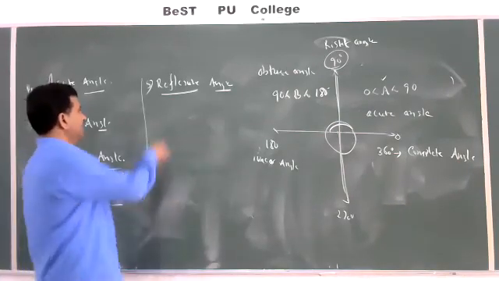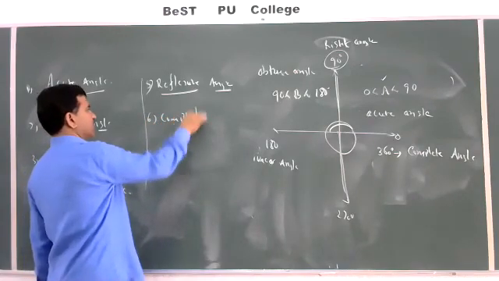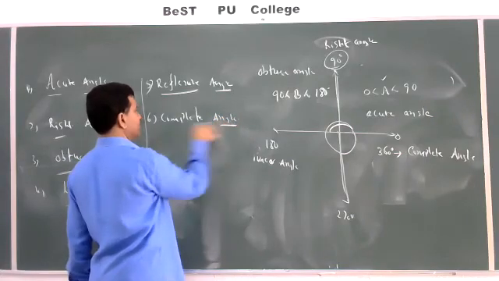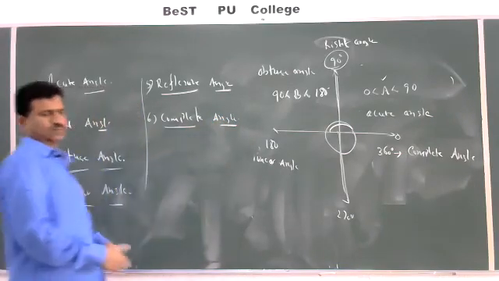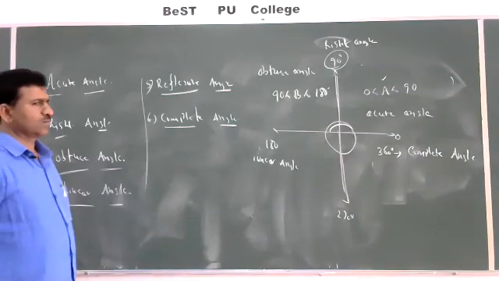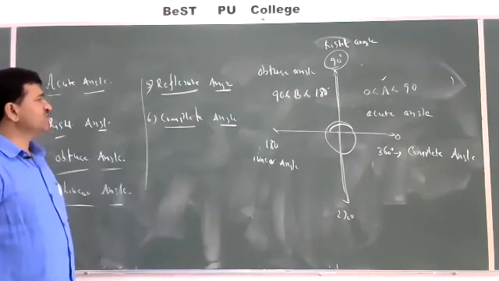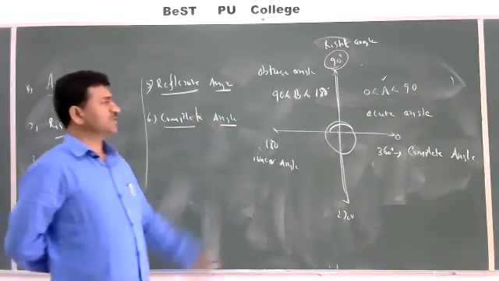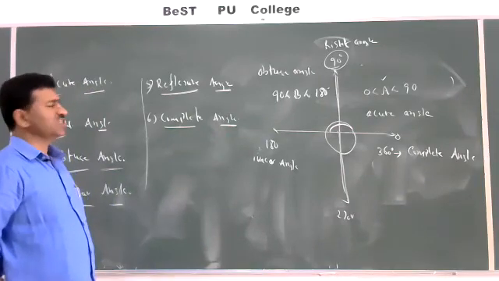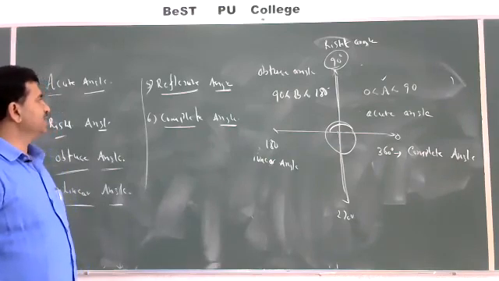Last one, complete angle. The measurement of the angle is 360 degrees, is called a complete angle.